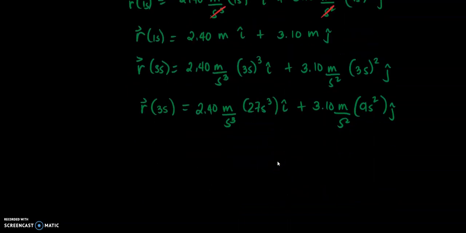Okay, so let us simplify this one. 2.40 multiplied by 27 is 64.8 meters, as we cancel out the second cubed here, i hat, then plus 3.10 multiplied by 9, that is 27.9 meters along j hat.